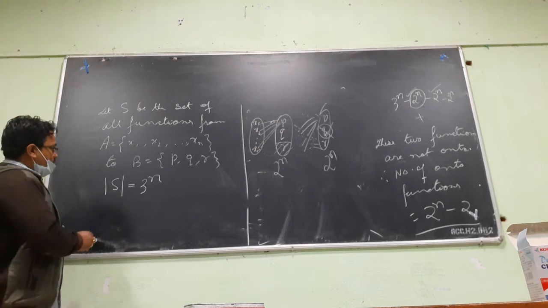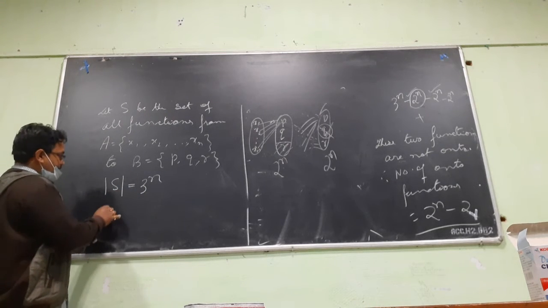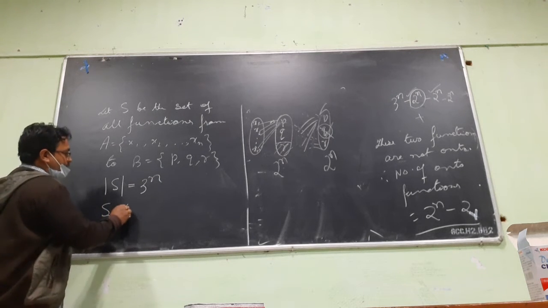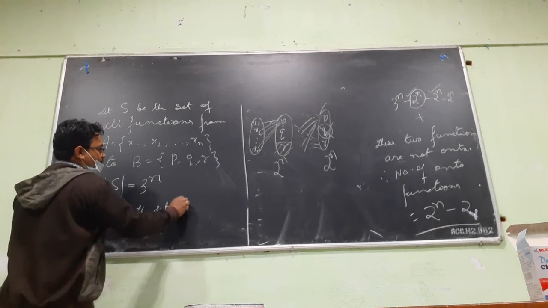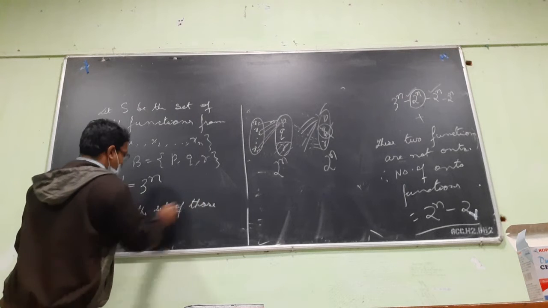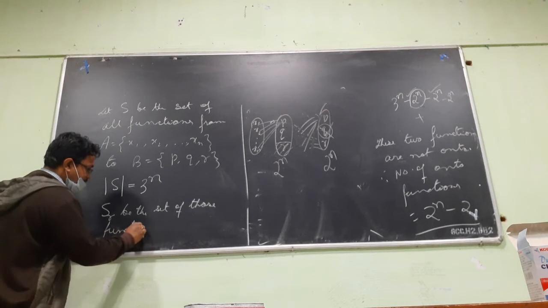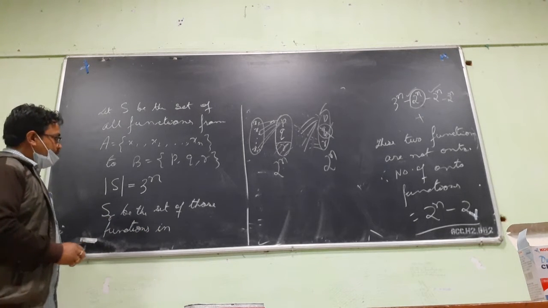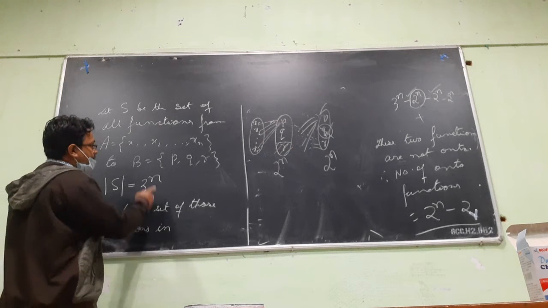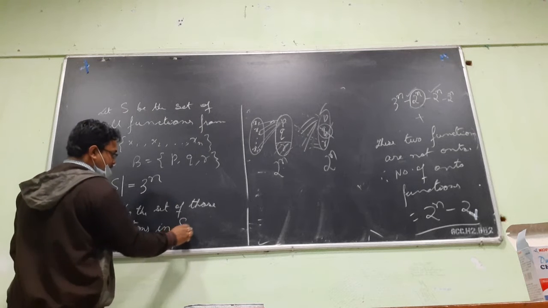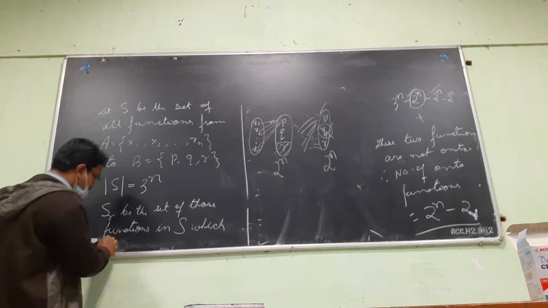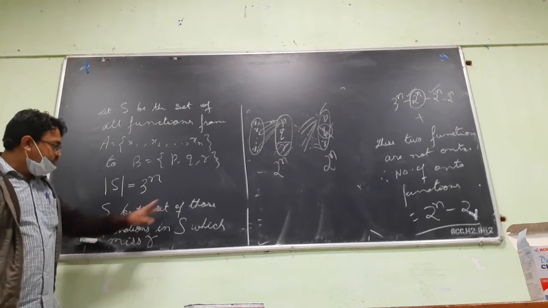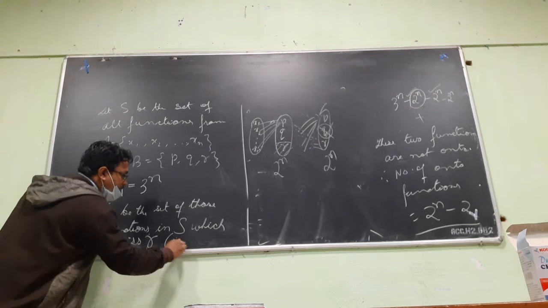Okay. So let us take some sets, say SR be the set of those functions in the set S which miss R. It means R is not there.